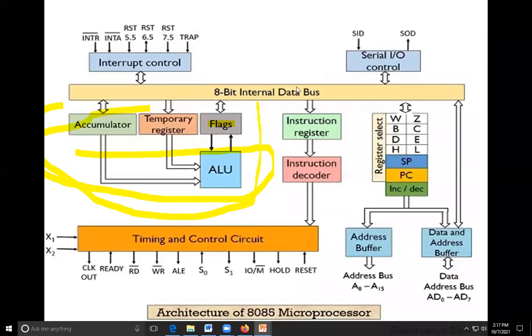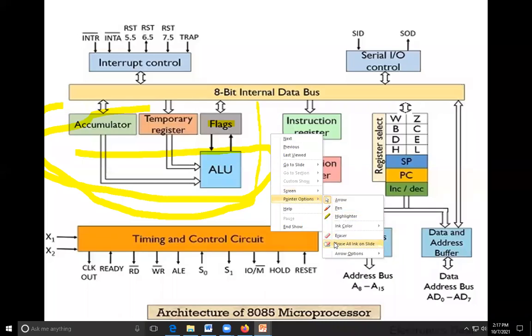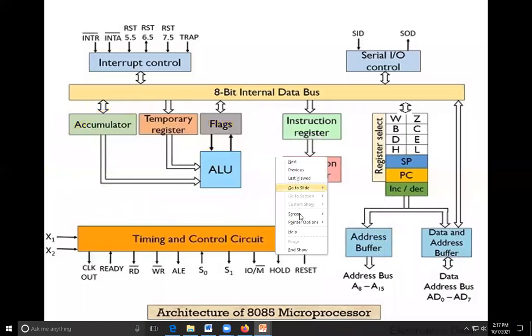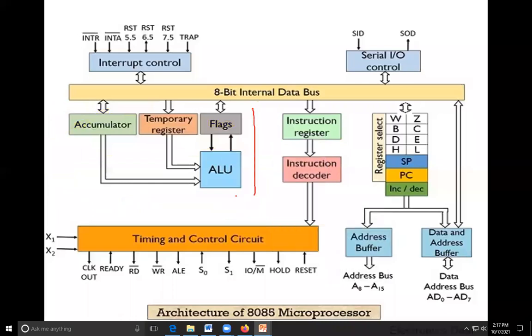This is the first part we are discussing: the ALU, which contains the accumulator, temporary register, flags, and the ALU itself. Another part is the instruction register and instruction decoder.